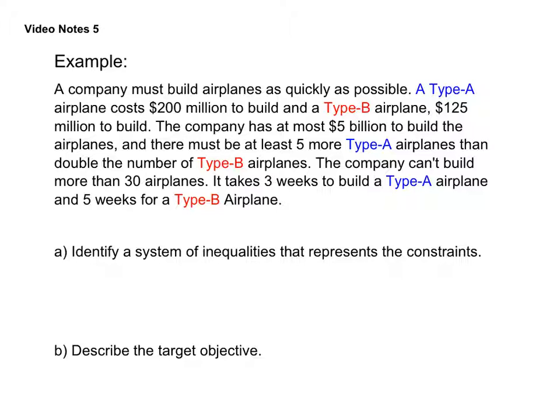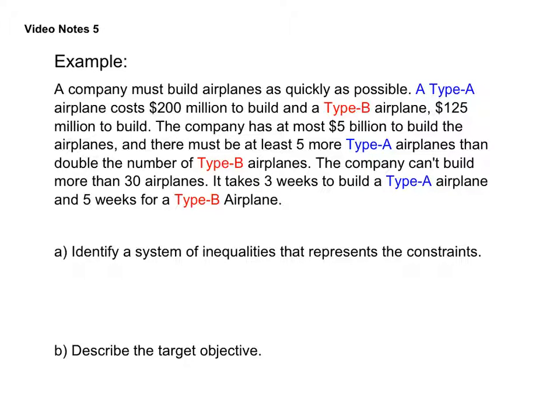The company has at most $5 billion to build the airplanes, and there must be at least 5 more Type A airplanes than double the number of Type B airplanes. The company can't build more than 30 airplanes. It takes 3 weeks to build a Type A airplane and 5 weeks for a Type B airplane to get built. So we are going to identify a system of inequalities that represents each of the constraints.